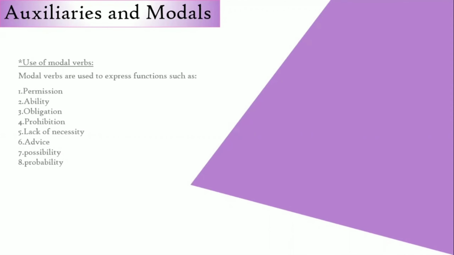Use of modal verbs. Modal verbs are used to express functions such as 1. Permission, 2. Ability, 3. Obligation, 4. Prohibition, 5. Lack of necessity, 6. Advice, 7. Possibility, 8. Probability.